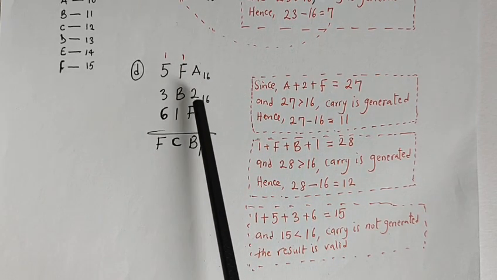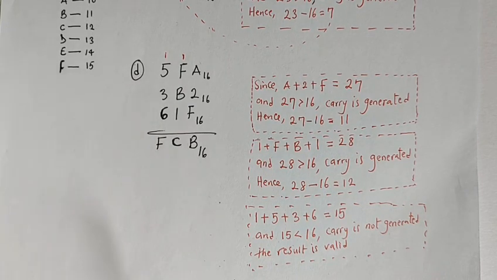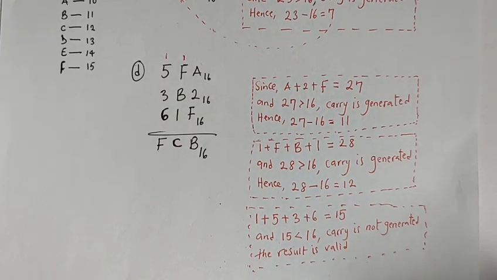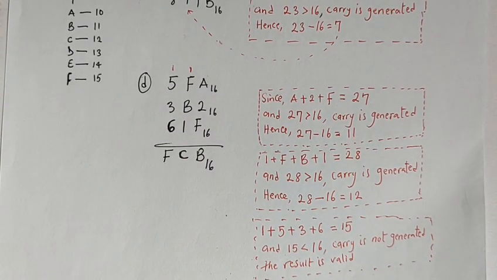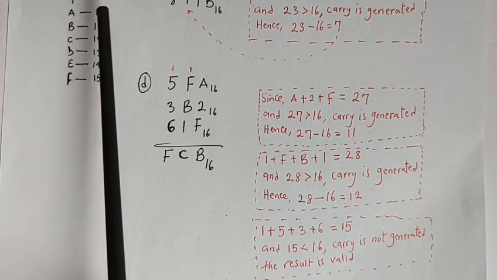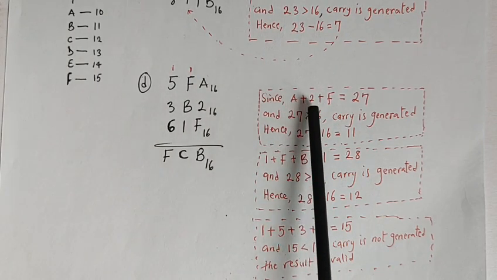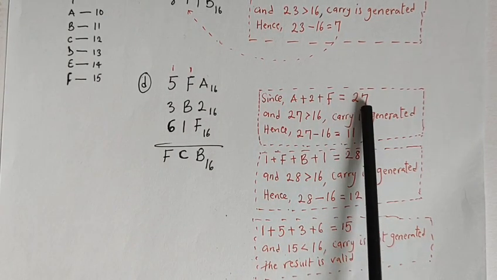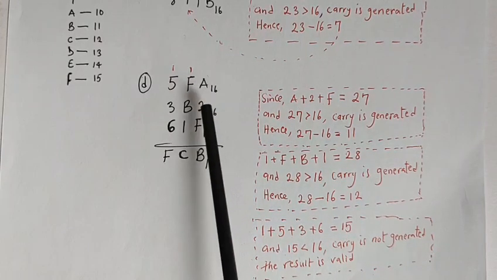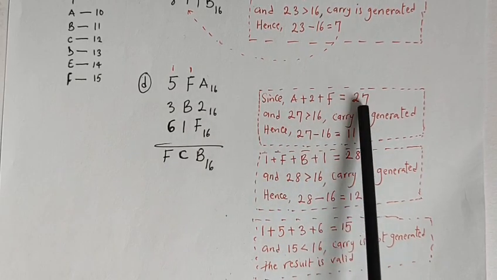A plus 2 plus F. Now remember that A is 10, from the hexadecimal number system. So A plus 2 plus F is going to give us 27. Meaning 10 plus 2 is 12, plus 15, we get 27.